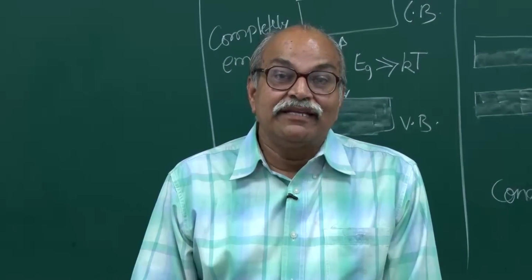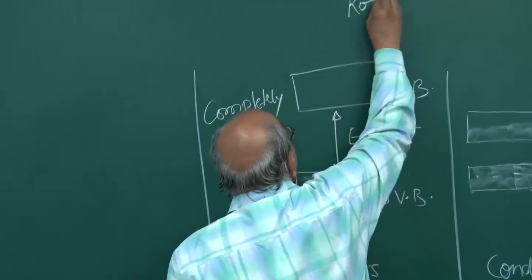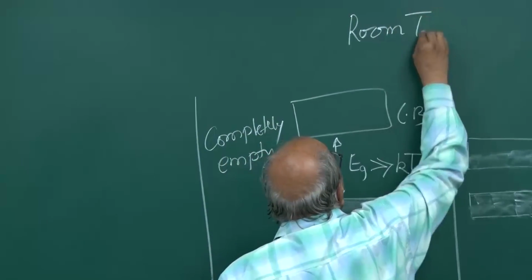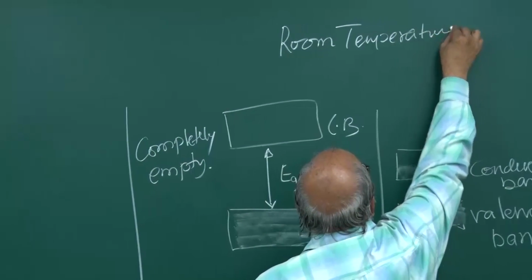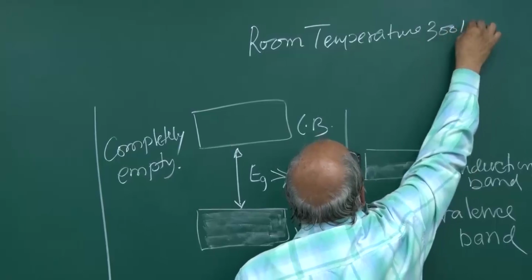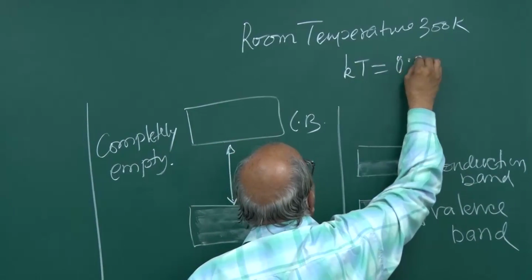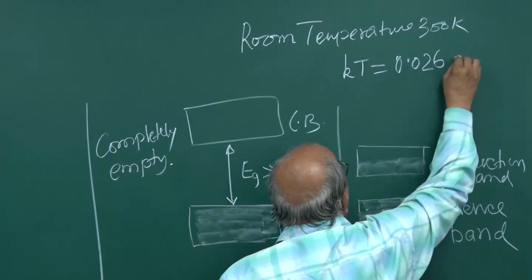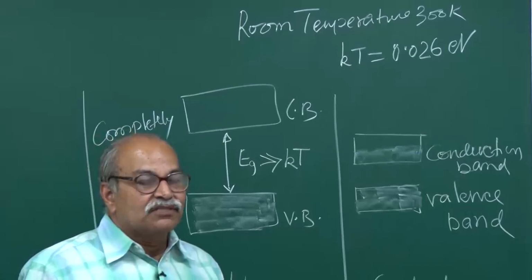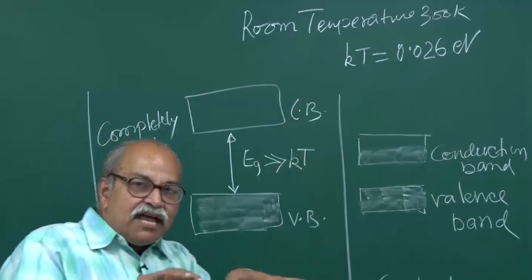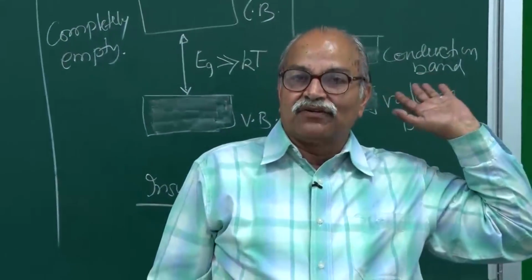So this k times T, for example, at room temperature, 300 K, is 0.026 electron volts or 26 milli electron volts. So this is kT. This is the order of the energy exchange.